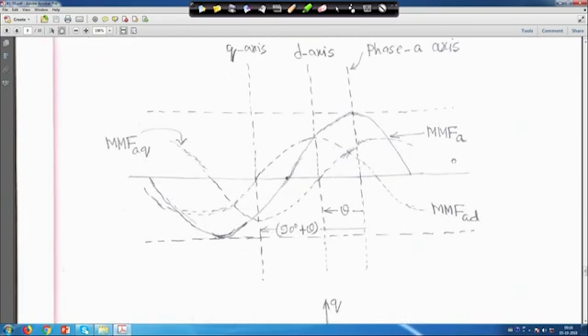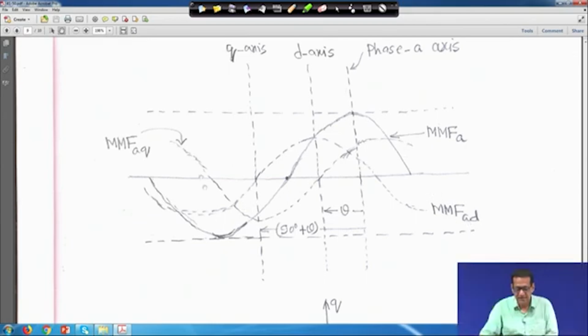This is MMF A, this is MMF AD on the D axis, and this is MMF AQ. From the phase A axis, theta is measured, and the angle between the Q axis and D axis is 90 degree, so from here it will be theta plus 90 degree.